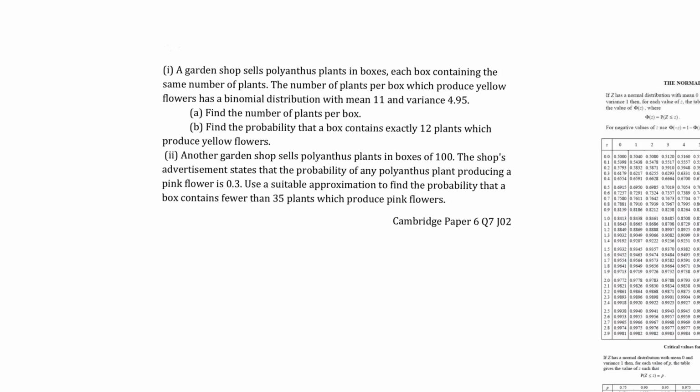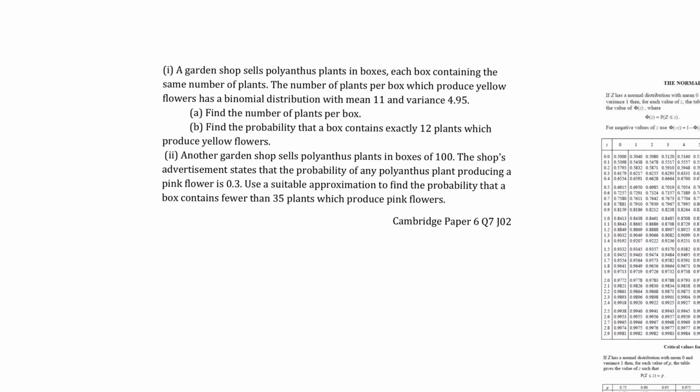So let's look at this example. A garden shop sells polyanthus plants in boxes, each box containing the same number of plants. The number of plants per box which produce yellow flowers has a binomial distribution with mean 11 and variance 4.95.